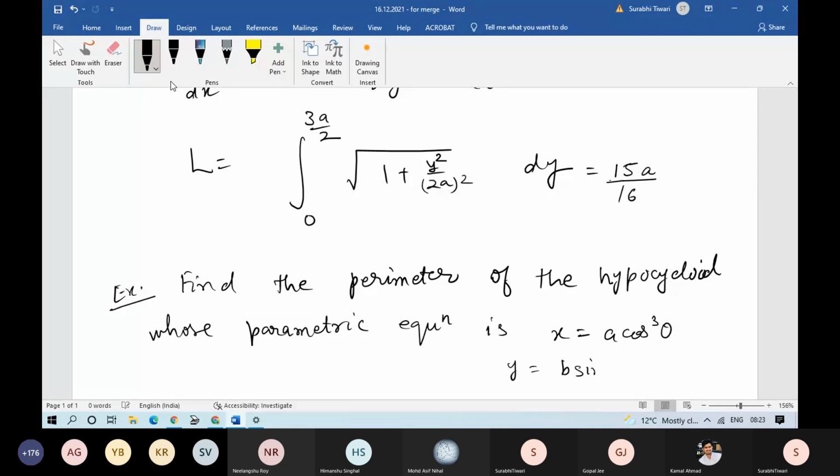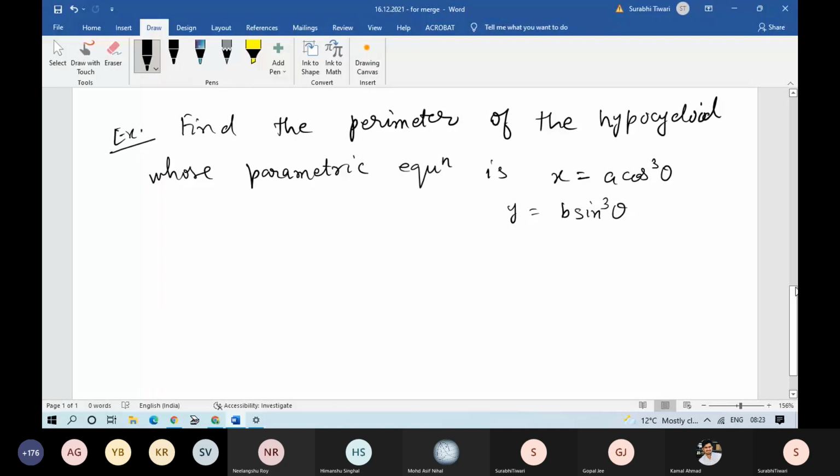So this is the parametric equation for this hypocycloid. Now what is a hypocycloid first? Now this is a closed curve. This is a hypocycloid. This is 0 and this is a.